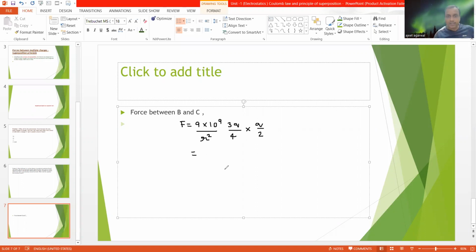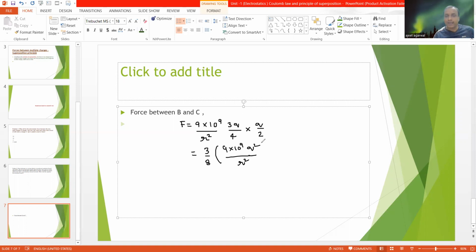So you can see that the calculation will be 3 upon 8 times of 9 multiplied by 10 to the power 9, Q into Q is Q square upon R square.